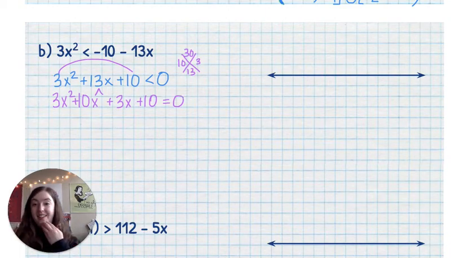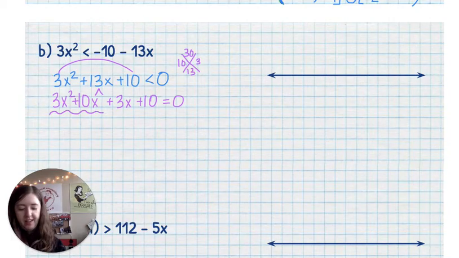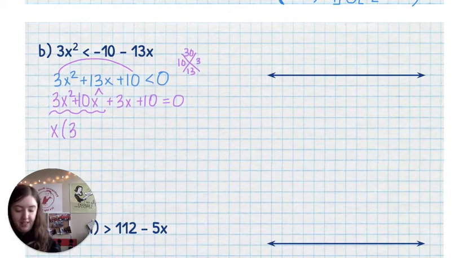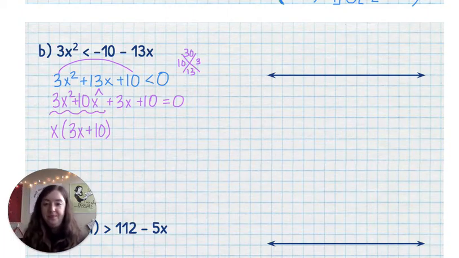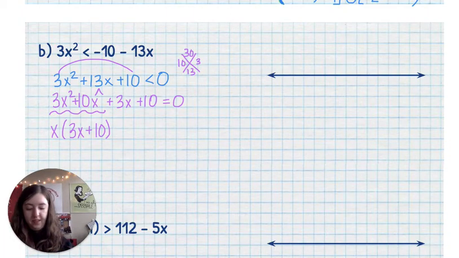Turn that into an equation. We'll look for our greatest common factor of our first two terms, 3x squared and 10x. My GCF is x. So when we factor out that x, we're left with 3x plus 10. Then we'll look at 3x plus 10.